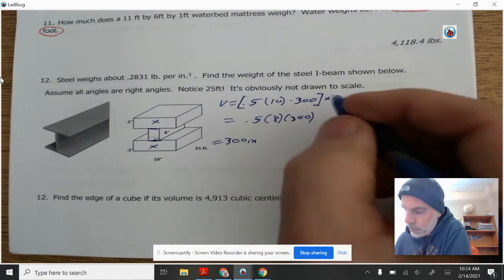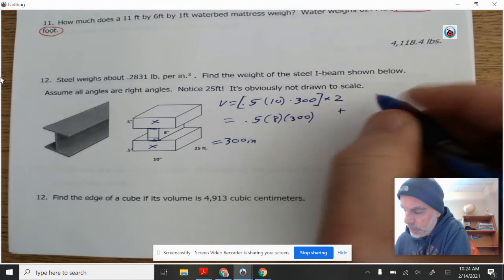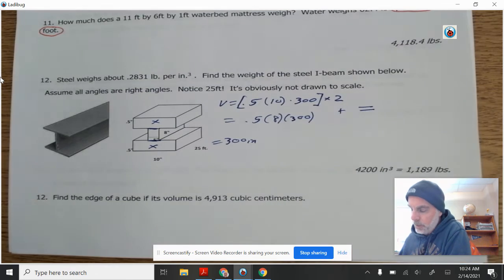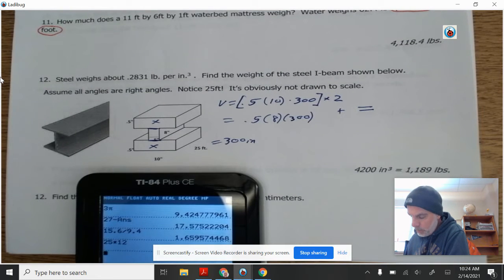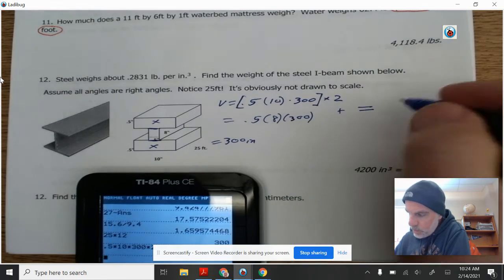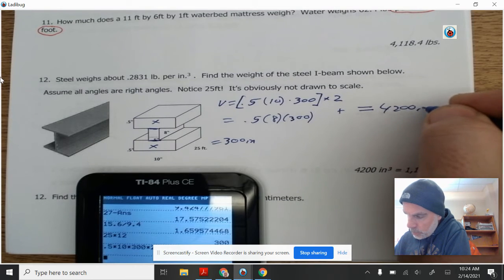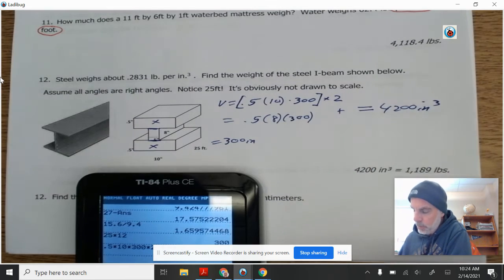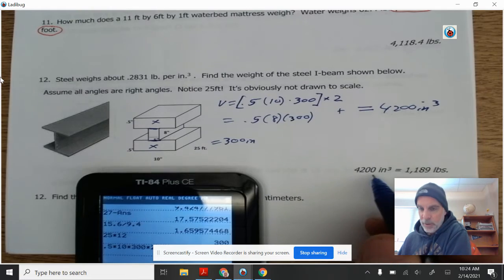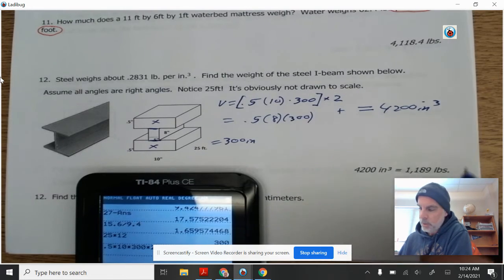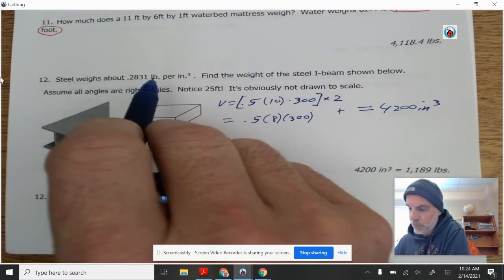If I add all that total volume together, my total volume would be 4,200 cubic inches. Oh, there's my answer down there. Yeah, 4,200 cubic inches. So I can do that times this because it's per cubic inch.